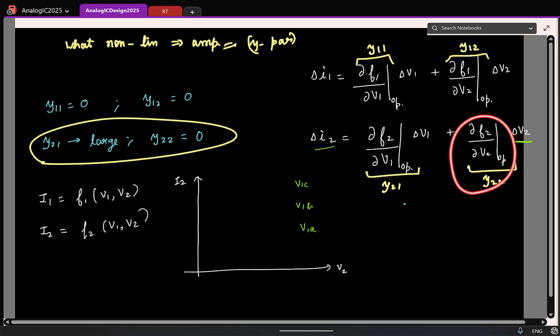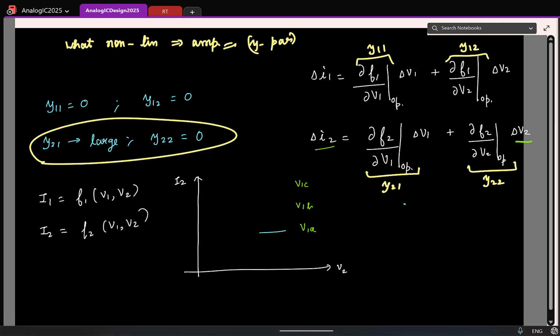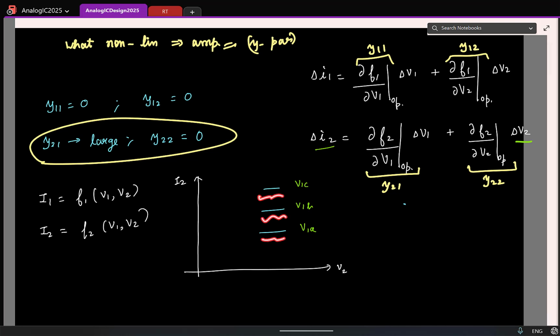And ideally, what do you want Y22 to be? So if I sketch the characteristic between I2 and V2, the slope should be 0. If the slope should be 0, how should the actual characteristic look? Parallel to the x-axis. So it should look like this for different values. This is how it should behave for small signals, so that the slope is 0. That's what we are saying, Y22 is 0.